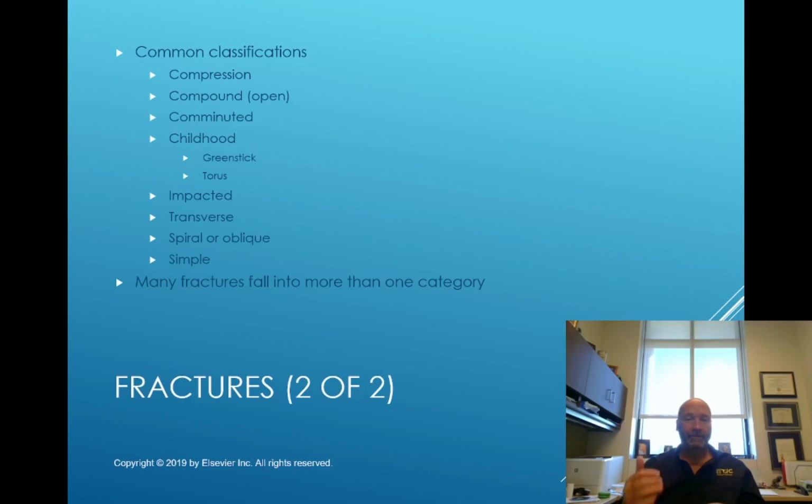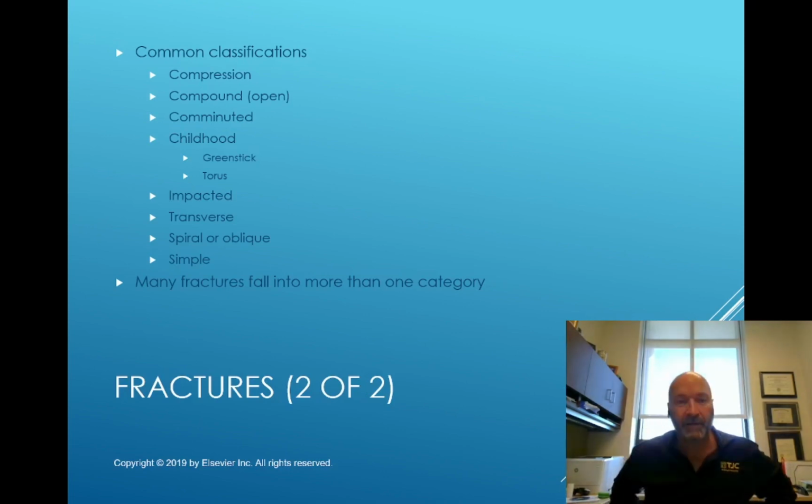But a comminuted fracture, by strictest definition, means that the bone is broken and there's three parts to it. So, if you had a broken bone, so it broke, and then you've got another piece of the bone somewhere else, a little shard of bone sticking off of it, then by definition, that's a comminuted fracture.